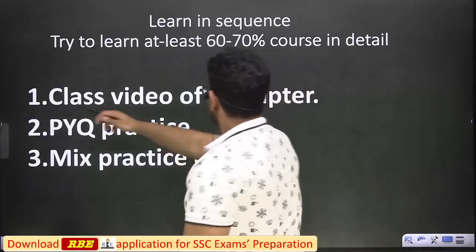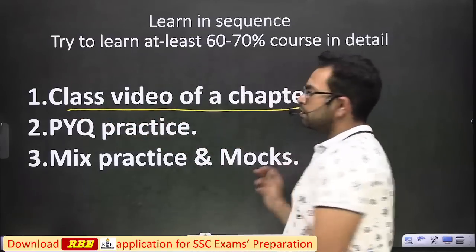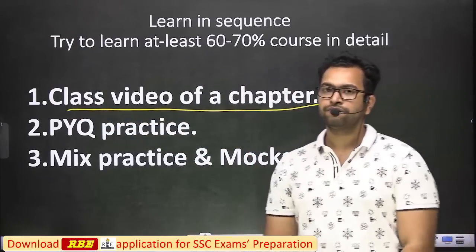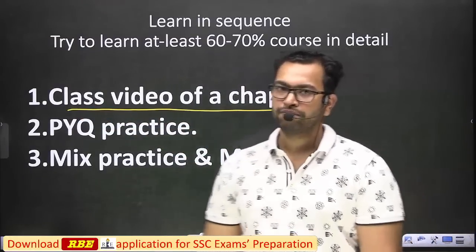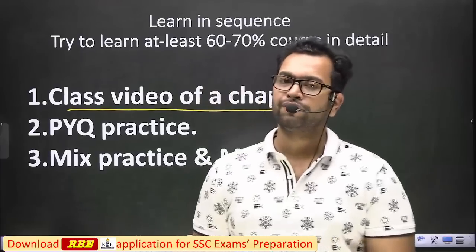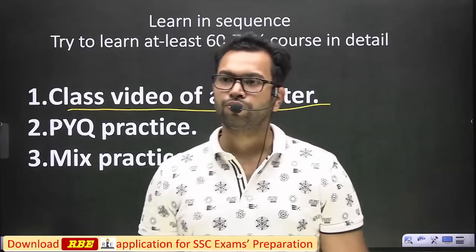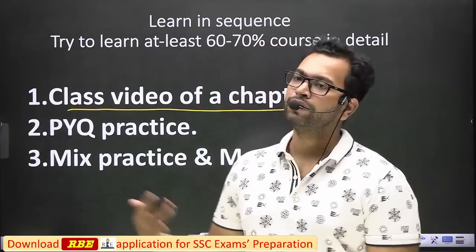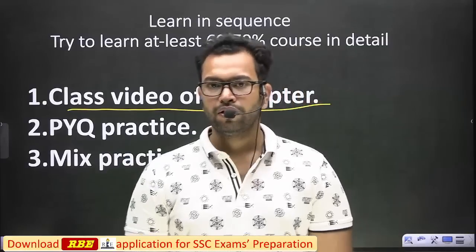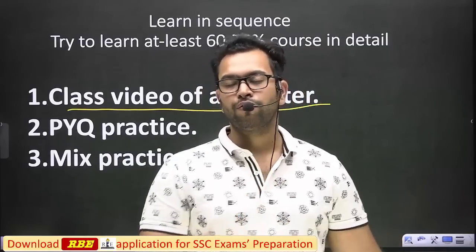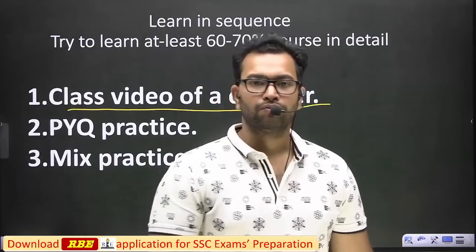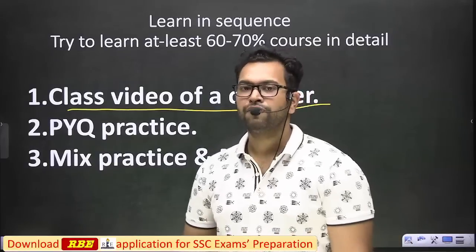Revise whatever you learn. If you don't revise, everything will get wasted. As I have already told you, everything is connected in arithmetic. If you don't understand the percentage chapter well, you won't be able to do all other chapters. So you need to revise what you have already learned really well.